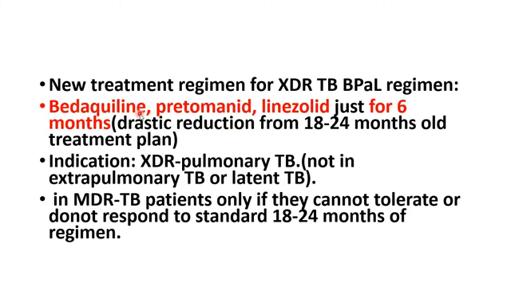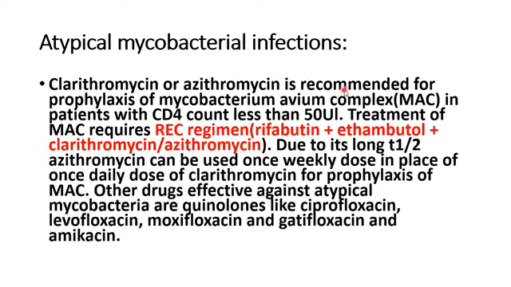That is enough. And only indication is XDR pulmonary tuberculosis. It is not used in extrapulmonary tuberculosis or latent tuberculosis. And you can also use it in MDR tuberculosis if they cannot tolerate normal regimen for 18 to 24 months. In such cases, MDR TB, then you can use these three drugs: bedaquiline, pretomanid, and linezolid for 6 months.